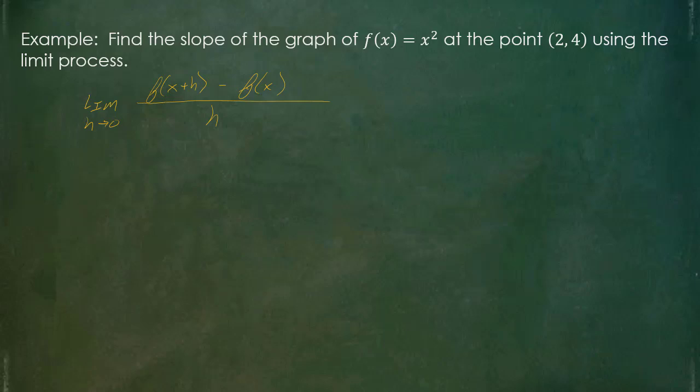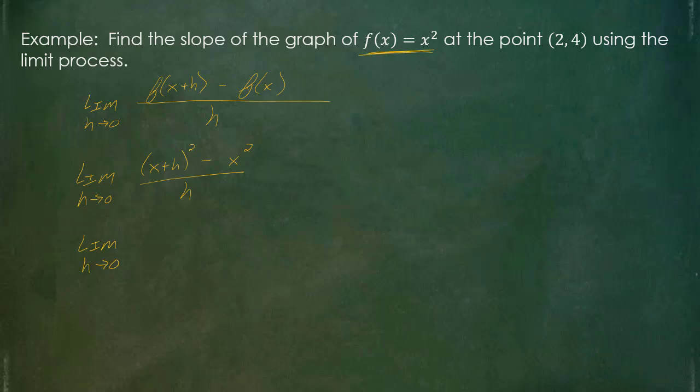So that's my setup. And now my function that I'm going to actually plug things into is f of x equaling x squared. So now it would turn into, when I do that substitution, x plus h squared. Then I would subtract f of x, which is x squared, and then still all over h. So now I need to expand out the numerator and try and combine as many like terms as possible.